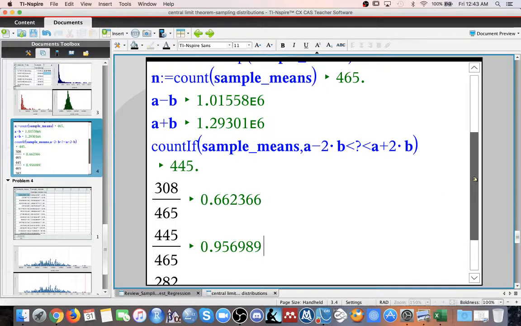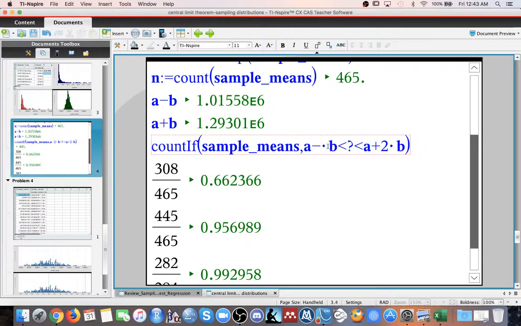within 2 standard deviations. And if we go out 3 standard deviations, this is where things become rare. They become really far away from the mean.